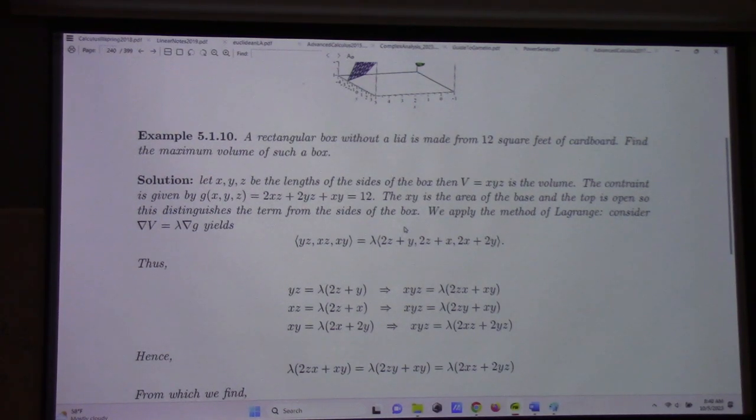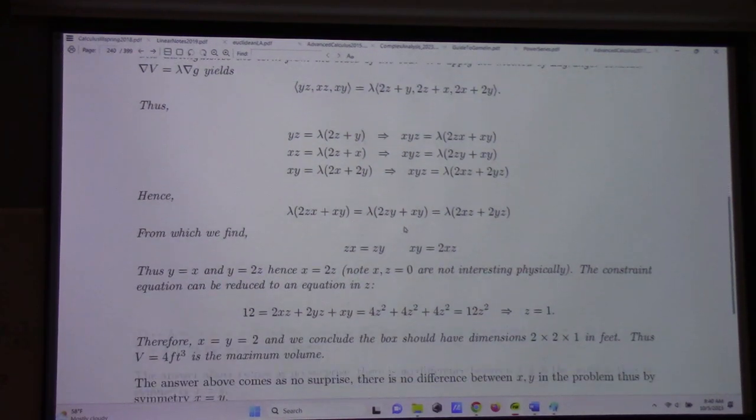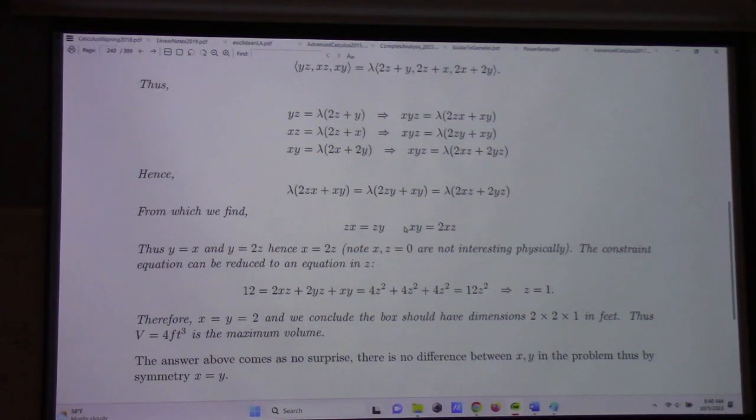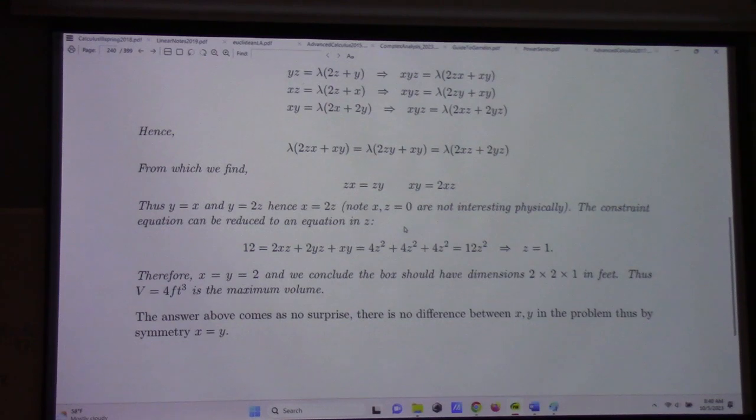Once you know that, I think you can figure out what z is from there. Maybe? I'm not sure that's true. But anyway, the answer is with x equal to y. So you get 2 by 2 by 1, as it turns out. So 4 cubic feet is the maximum volume.